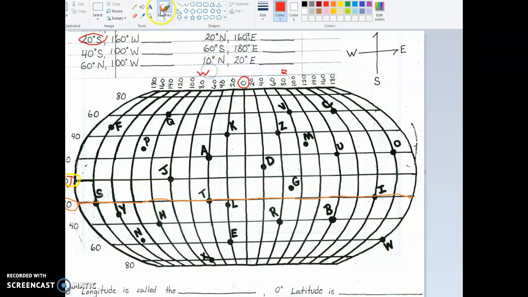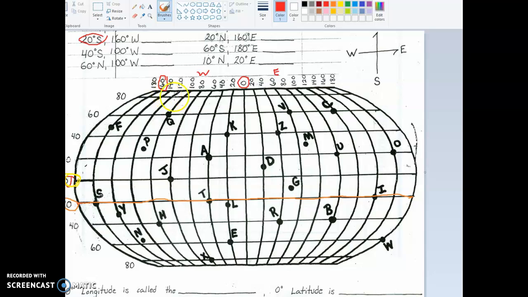Okay, so that's going to help us know which side we need to head toward. So we need to go to the west direction. So scroll over here and we find 160 right there.